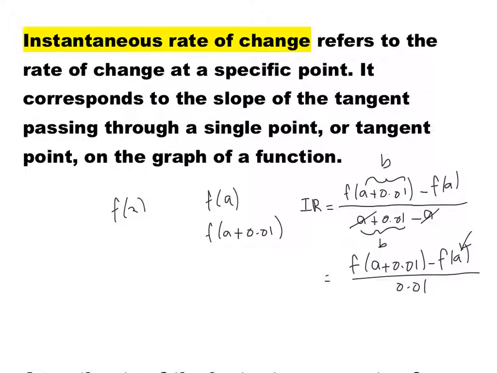This instantaneous rate of change of any function can be found either using this formula, which is the slope of a line, or using the graph by drawing the tangent line at a specific point, or we can use the most accurate technique, which is to find the derivative of the function at point A. Now, to find the derivative of a function, which is the main topic of this course, we are going to start talking about the derivative in a future section.